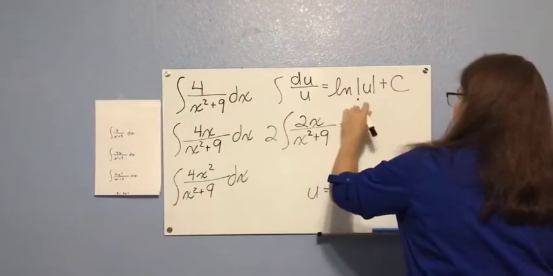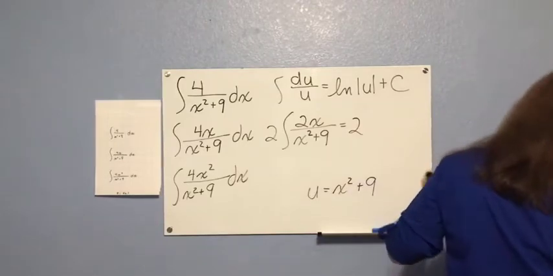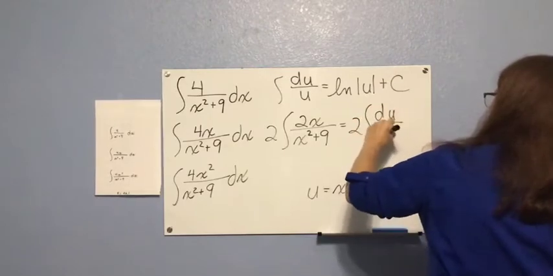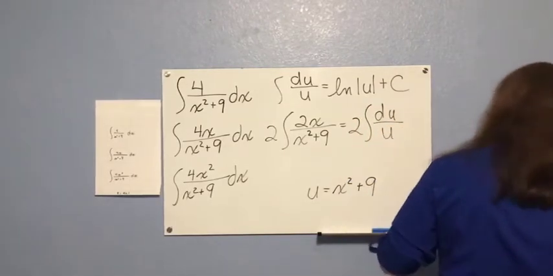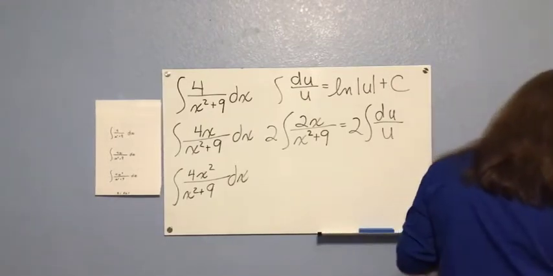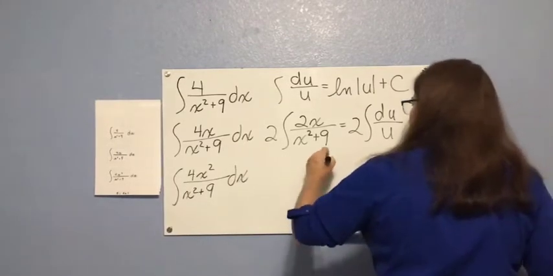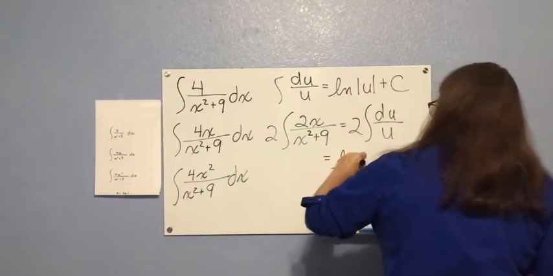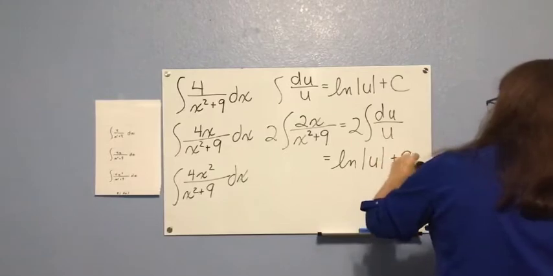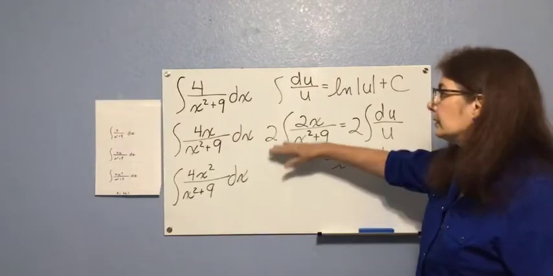So this is now 2 times the integral of du over u. And equation 5 tells us that this is now natural log of the absolute value of u plus a constant. So really a completely different approach for this one than we had for this one.